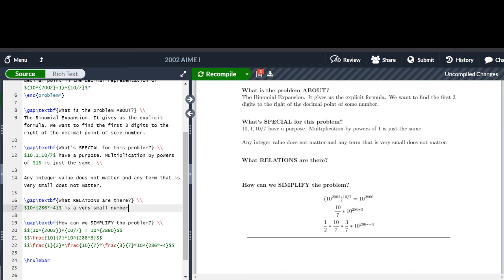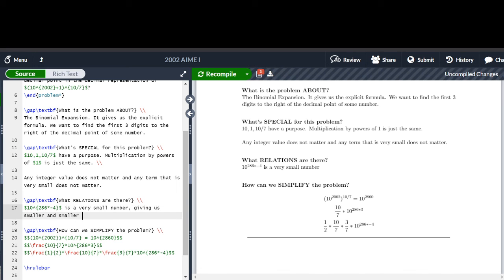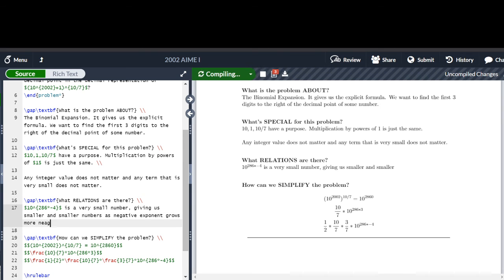And this is just the exponent in the third term. And as we keep decreasing, r minus 3, r minus 4, r minus 5, we will get a more negative exponent. So the negative exponent grows more negative.